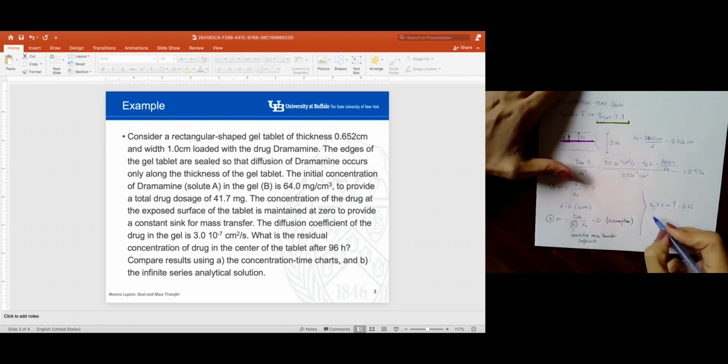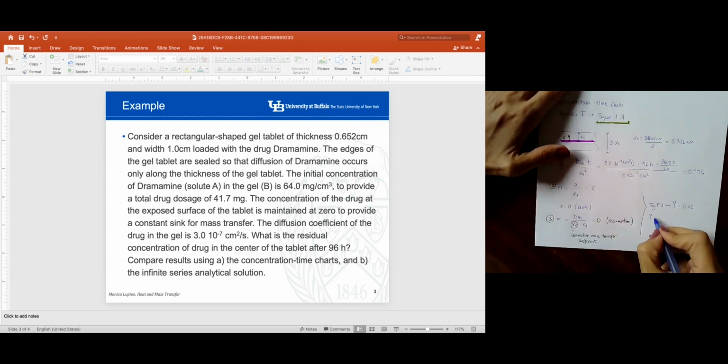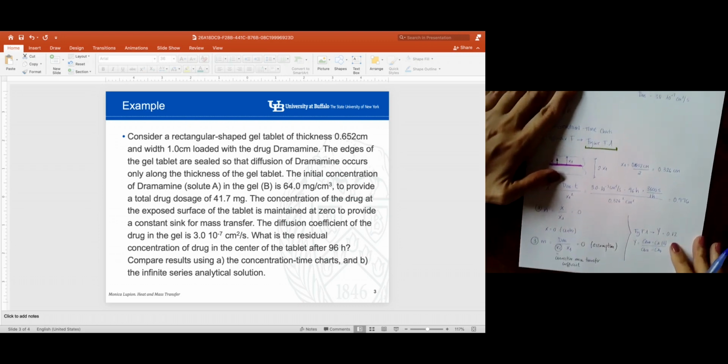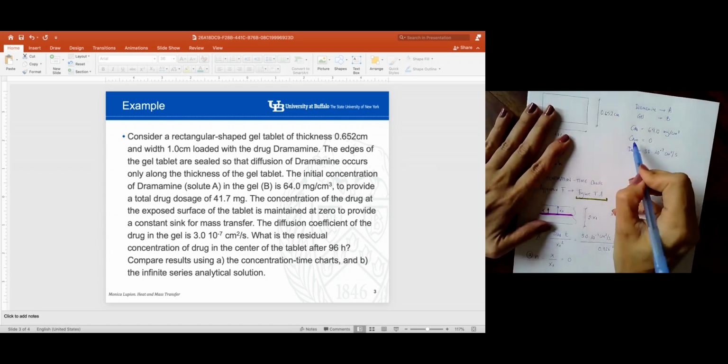We know that y, the definition of y, is equal to the concentration at infinity minus the concentration at time t, which is what we're looking for, over the concentration at infinity minus the initial concentration. Concentration at infinity, if you remember, is equal to 0.